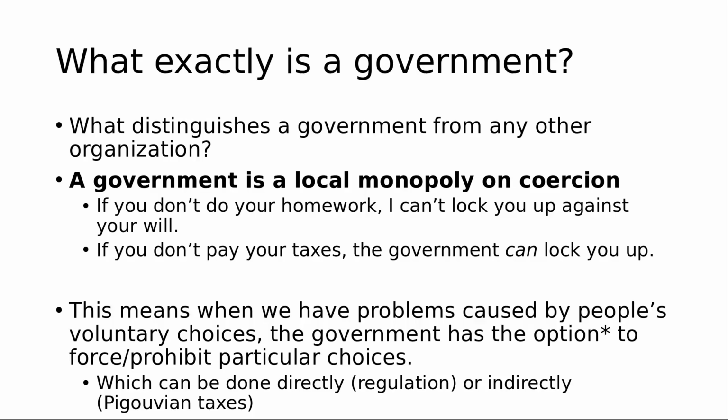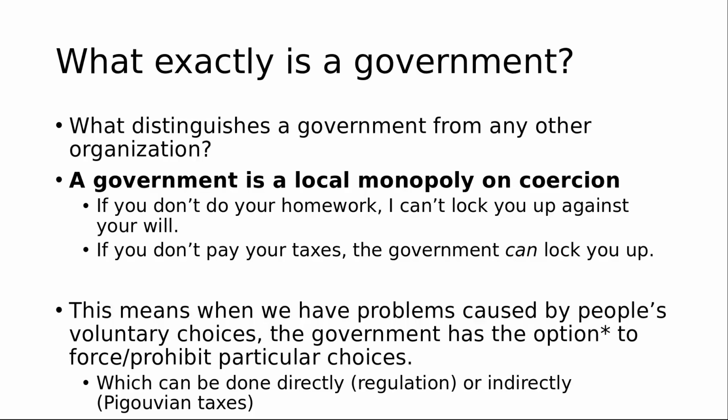So we'll see when we talk about the problems created by the nature of a good, it might be that we want the government to come in and regulate behavior because they are literally able to, right? The government is able to force people to stop doing things or to specifically have to do certain things. So this could be done directly.